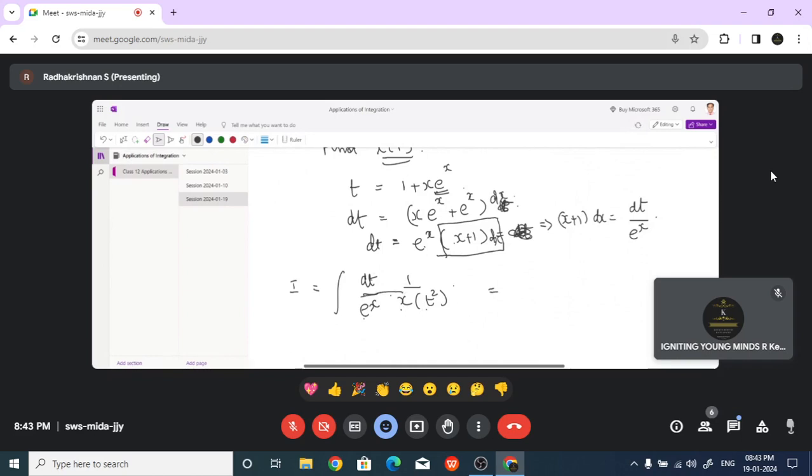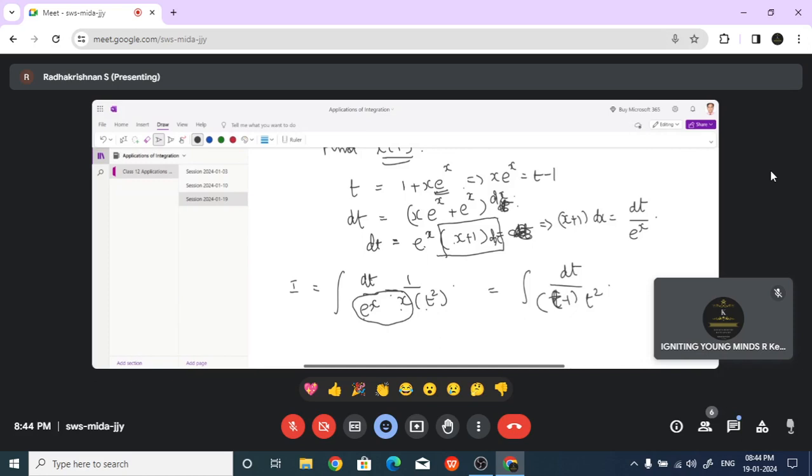But this x into e power x is equal to t minus 1. So that is how this simplifies to dt by t minus 1 into t square. So it's the indefinite integral of dt divided by t minus 1 into t square.